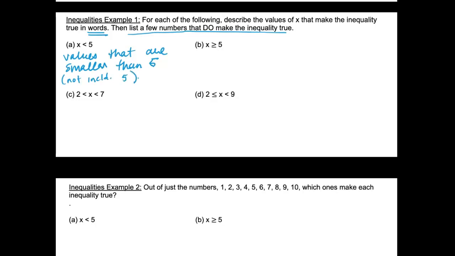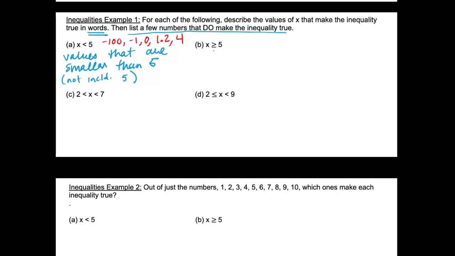Okay, so we don't want to include 5. So some values that might work there might be numbers like, negative 100 is less than 5, negative 1 is less than 5, 0 is less than 5, 1.2 is less than 5, 4 is less than 5. So there are infinitely many examples that would work there. Those are just a couple.